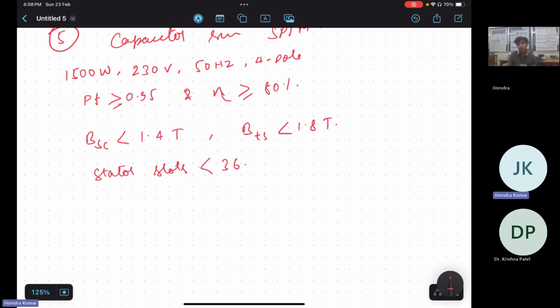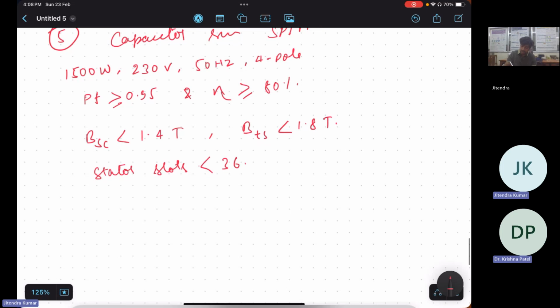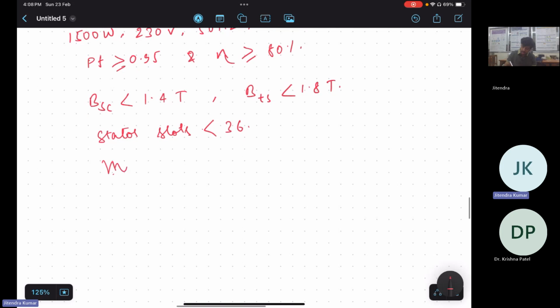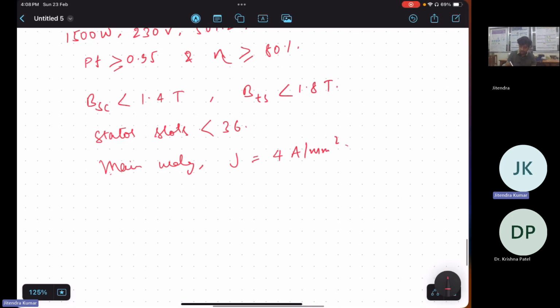Permissible current density of main winding is 4 ampere per mm square. A is equal to 4 amps per mm square. You have to calculate the wire gauge you will have to use.